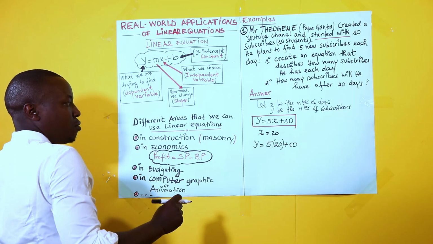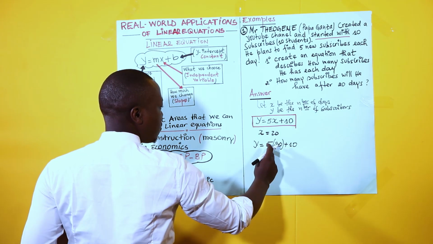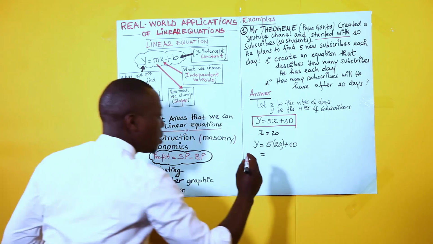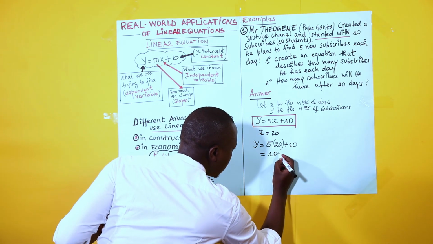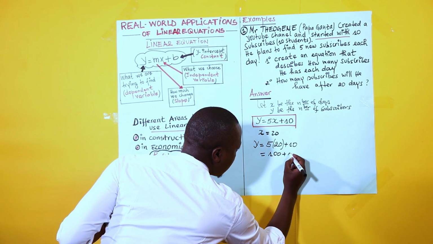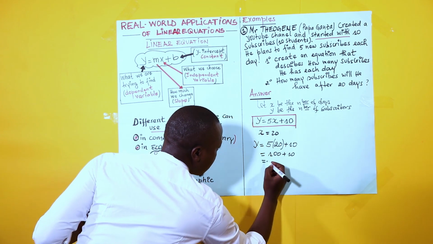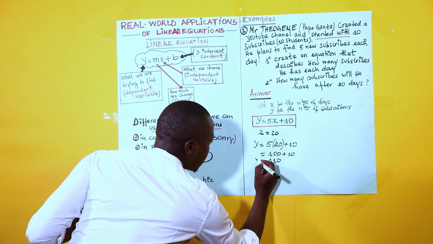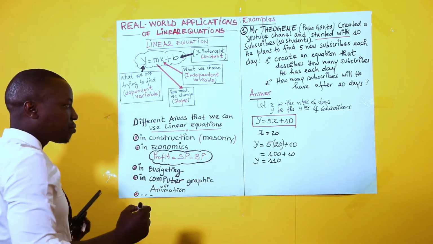Remember, we start with multiplication. We multiply 5 by 20. The answer is 100, then plus 10 gives us 110. This is the value of y.